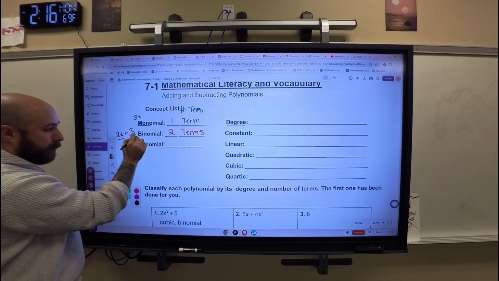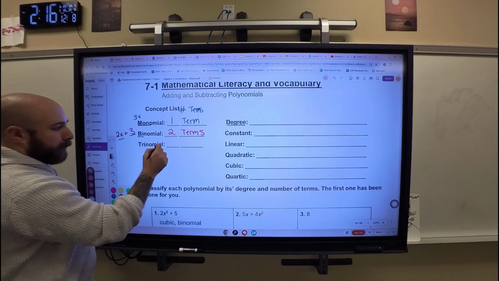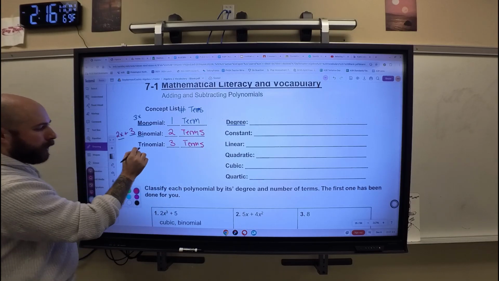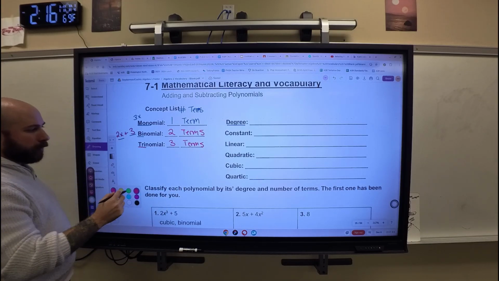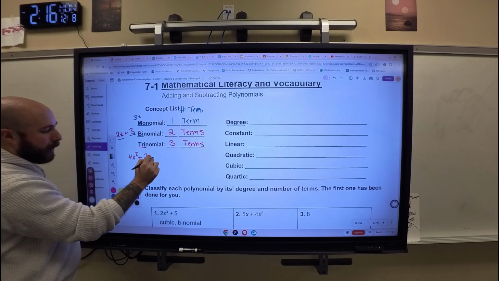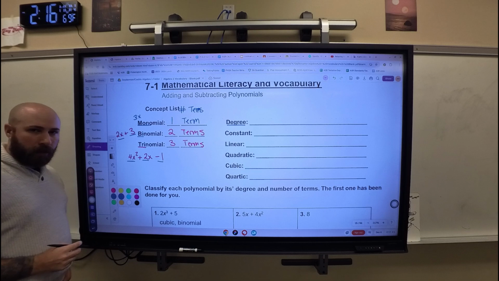That is a binomial, bi being the prefix for 2. And three terms, that is a trinomial, tri being the prefix for 3. So if I had 4x squared plus 2x minus 1, there are 1, 2, 3 different terms.